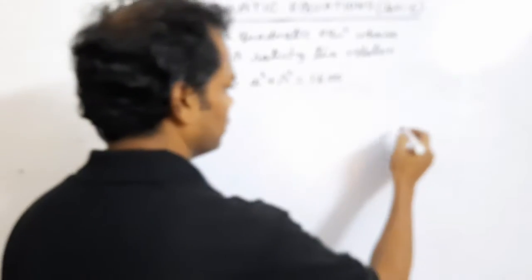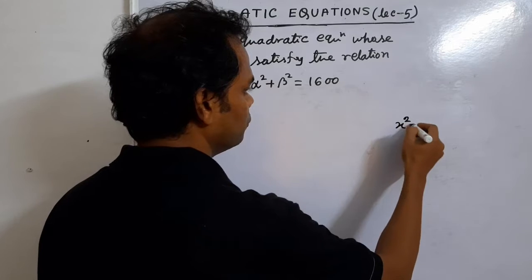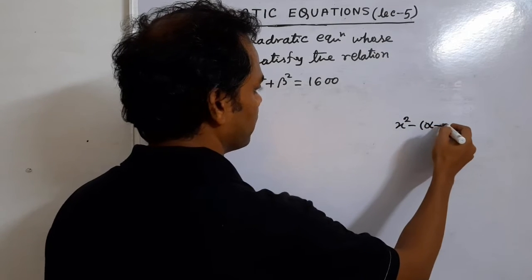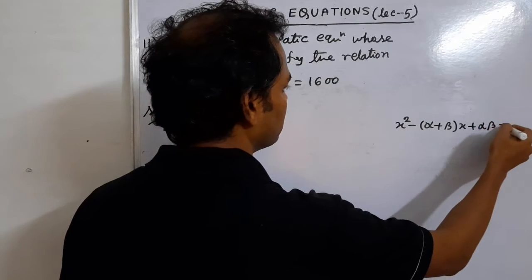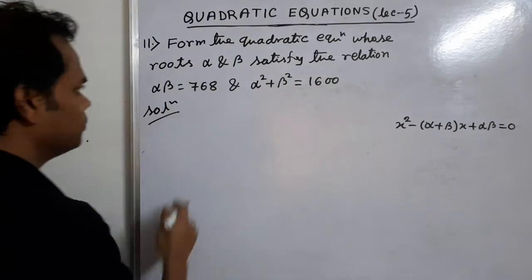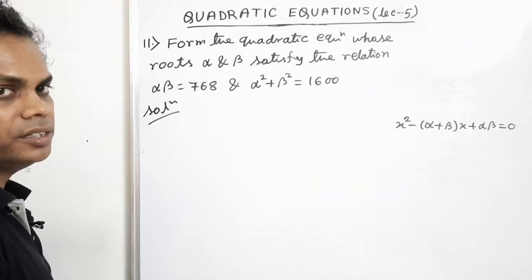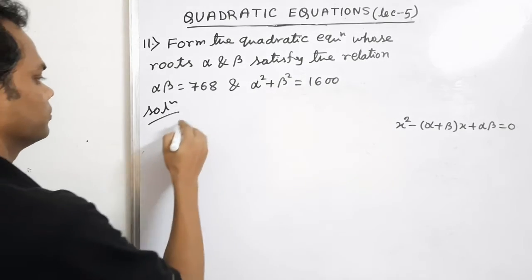If the roots of an equation are known, then the equation should be x square minus (alpha plus beta) x plus alpha beta equal to 0. That means from those relations we have to find alpha plus beta.